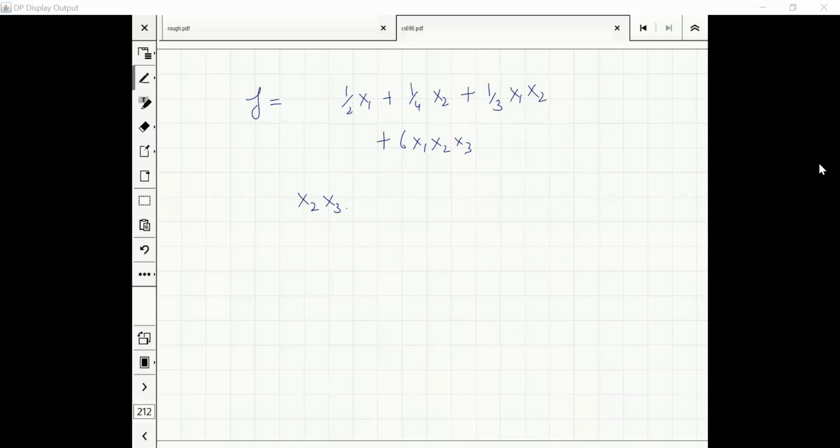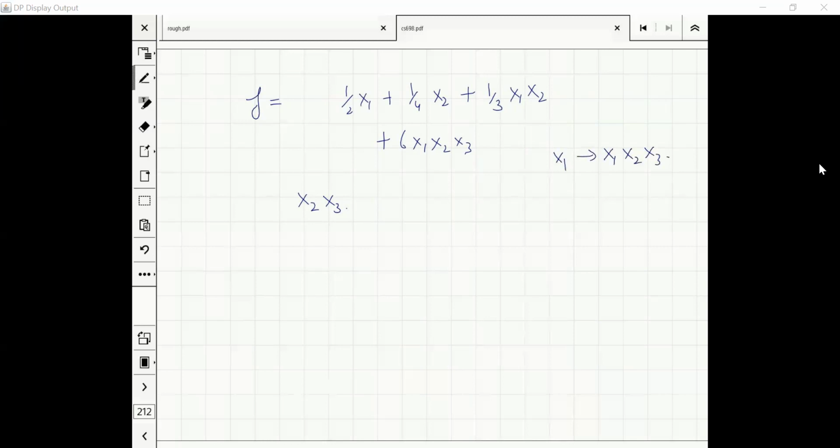Can I write x1 in terms of x2 and x2 x3? I think no. x1 cannot be written in terms of x2, but clearly x1 and x1 x2 x3 will get merged, right?